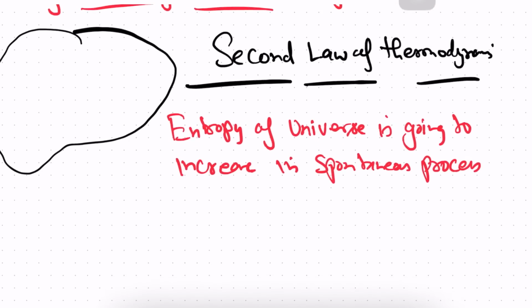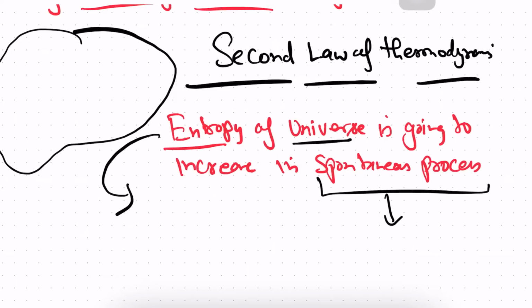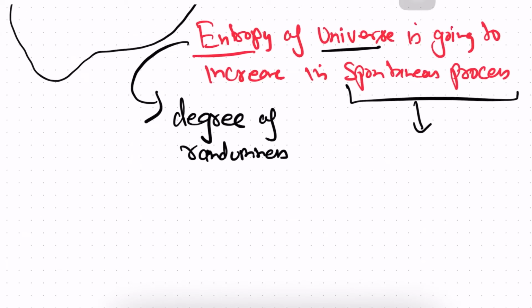What are these spontaneous processes? The processes which do not require input of external energy. So the statement of the second law of thermodynamics is about the entropy of the universe, not the system. Now hopefully you know what is entropy. Entropy is the degree of randomness.